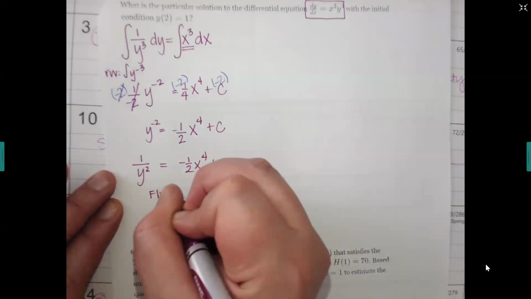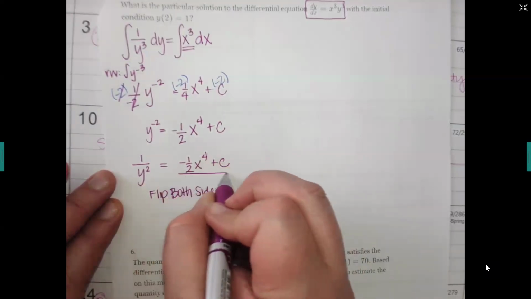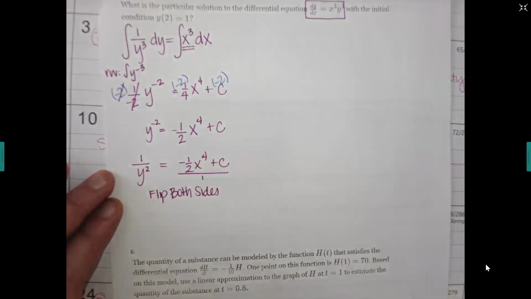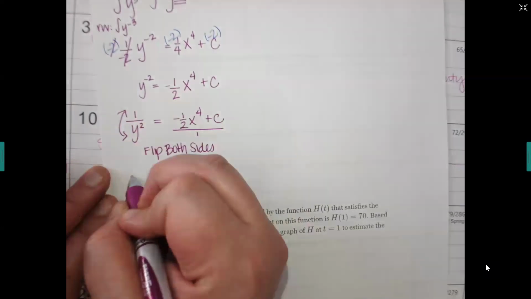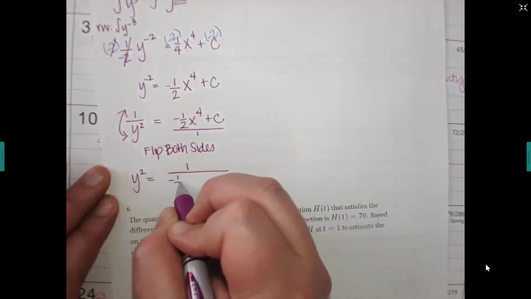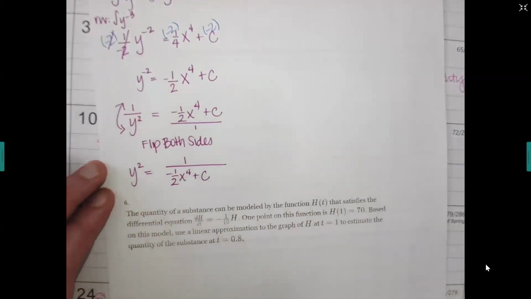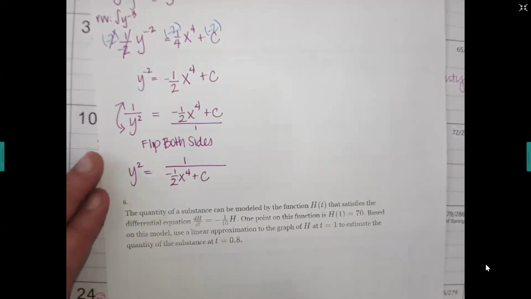And what if the right side isn't a fraction? Put the whole thing over 1 so you have something to flip it with. So this is going to go to y squared, and this is going to go to 1 over -1/2 x to the 4th plus c. Okay, we're almost done. What's the next step?